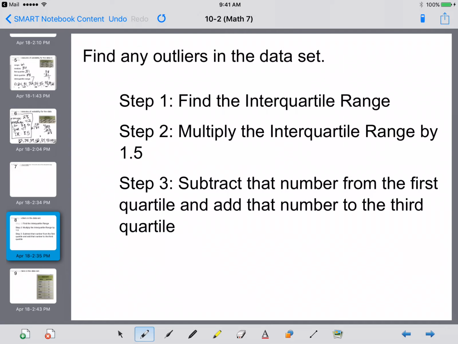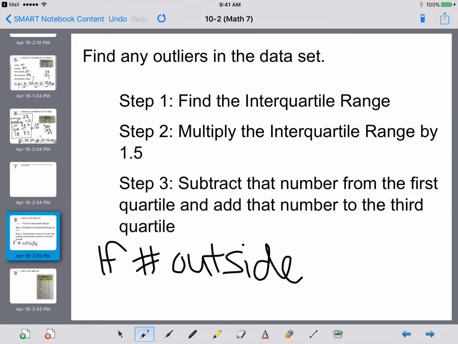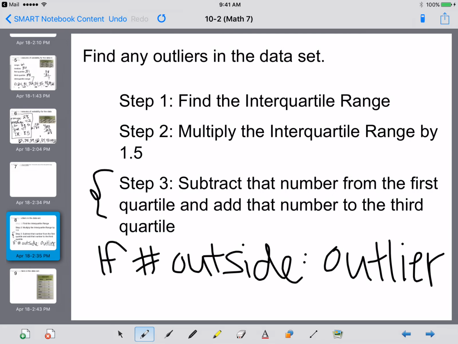And if a number is outside of whatever you end up with here, it's an outlier. So when you figure out what these two numbers are, if a number in your data set is smaller or bigger than whatever numbers you come up with, then that means that you have an outlier.